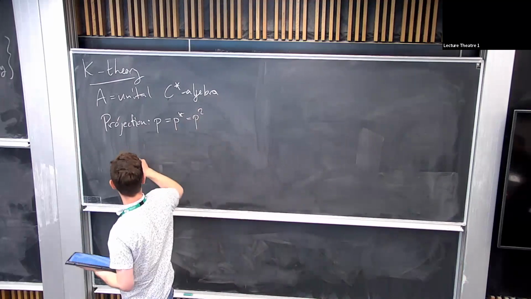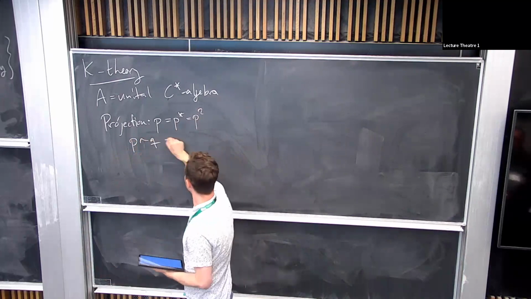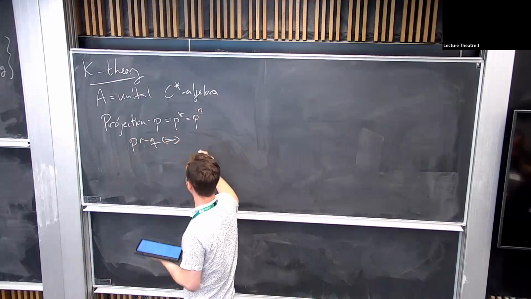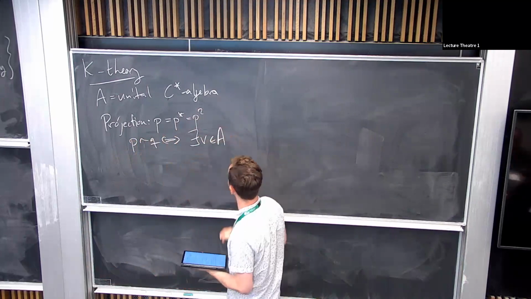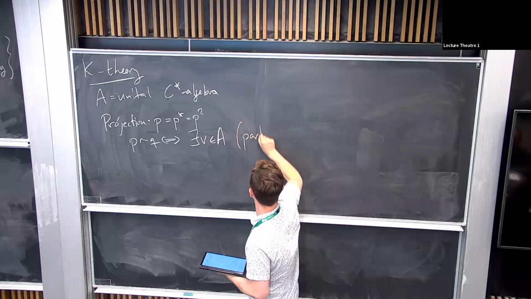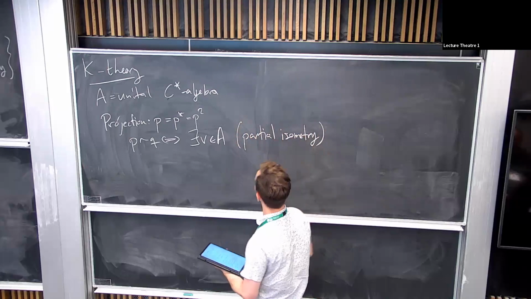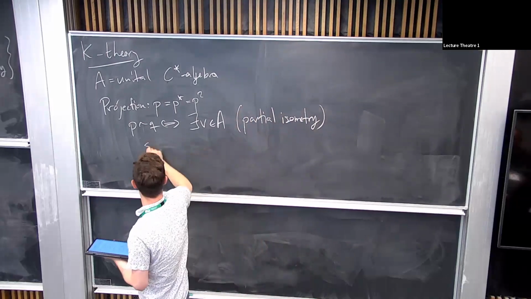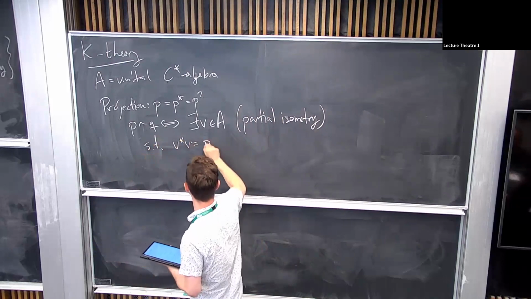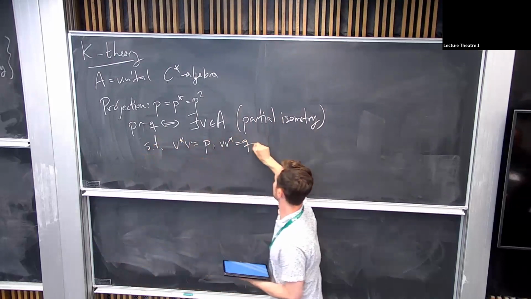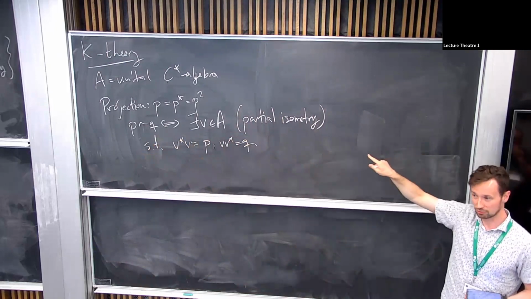We say that two projections P and Q are equivalent exactly when there exists some partial isometry V in the C-star algebra, these are called partial isometries, such that V star V equals P and V V star equals Q. These partial isometries are going to play a crucial role in a moment.